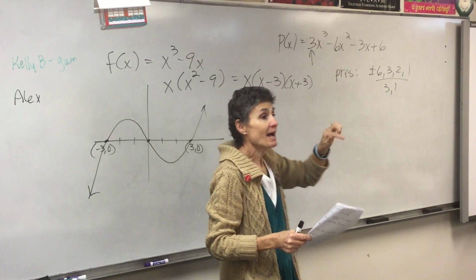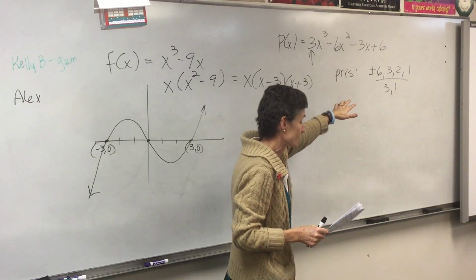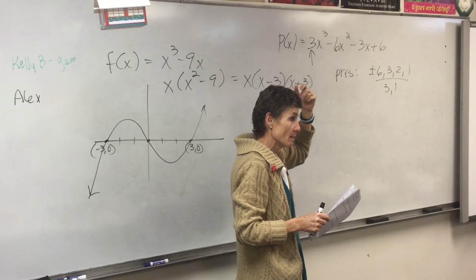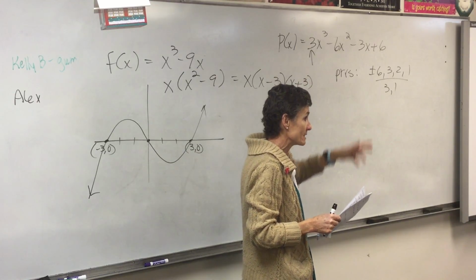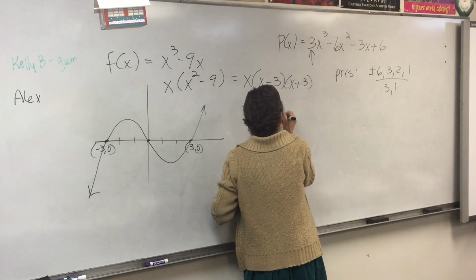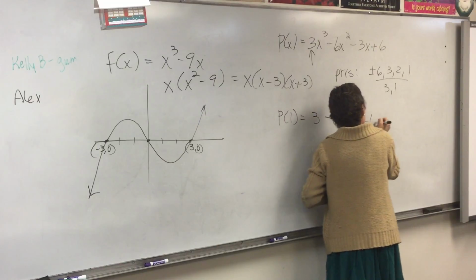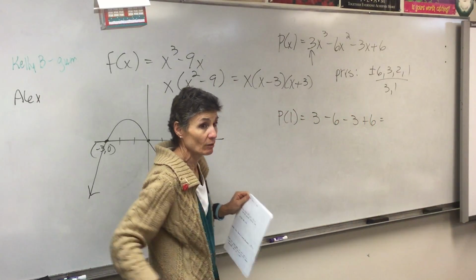Now, find the actual roots. Now, we go to this list, and we start picking numbers, plugging them in, and hoping we get 0. So I'm going to go ahead and plug in 1. I always start with 1 because it's the easiest, especially when I don't have a calculator.